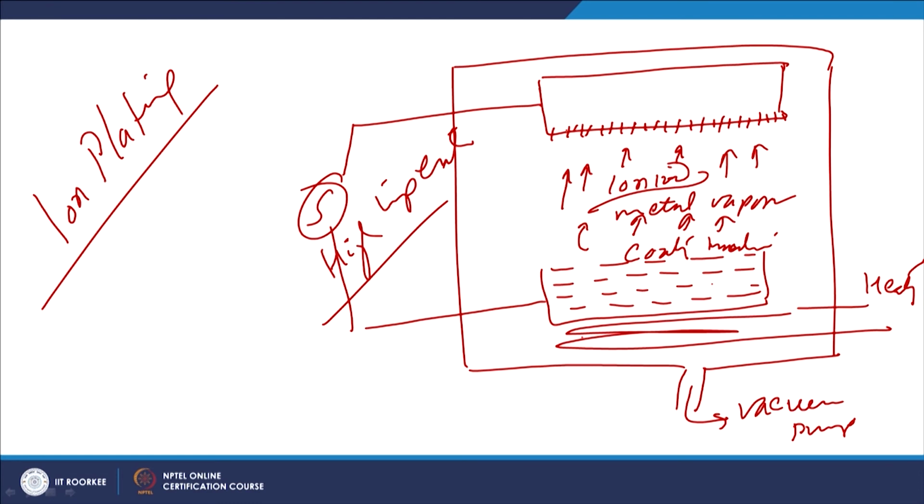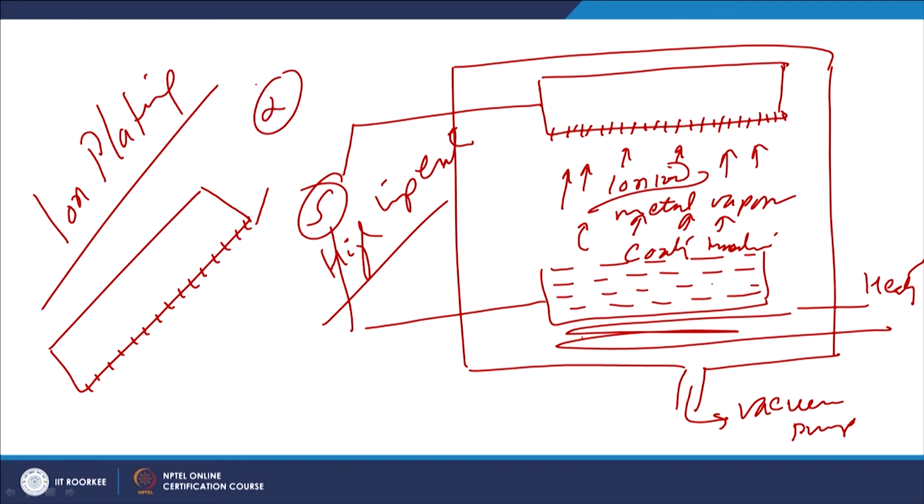So, this is how it is, very simple, but there are some issues. There can be metallurgical issues with this kind of deposition or plating, where ions are plated or deposited on the surface of the substrate. If there is a large difference in the thermal expansion coefficient of the substrate and the material being plated, then it can lead to peeling off or spalling from the substrate material.